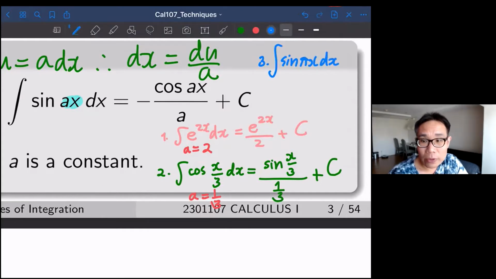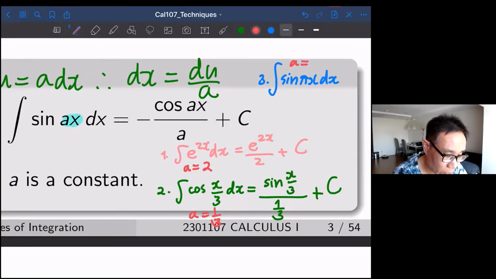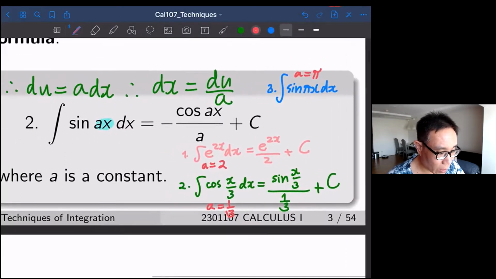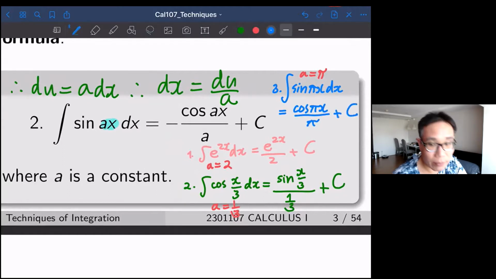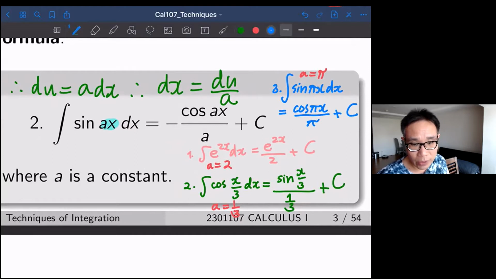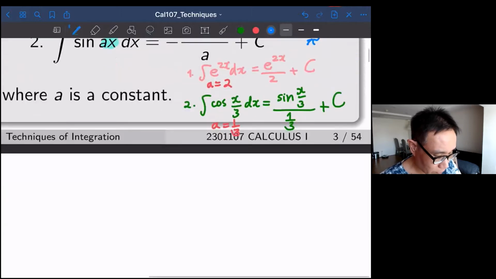You use a equal to pi and plug into the second formula here, so you get negative cos pi x over pi plus c. This is how we integrate e to the 2x, cos of x over 3, and sine pi x. You can use substitution, but it's going to take longer, so we're just going to use the formulas for this one.